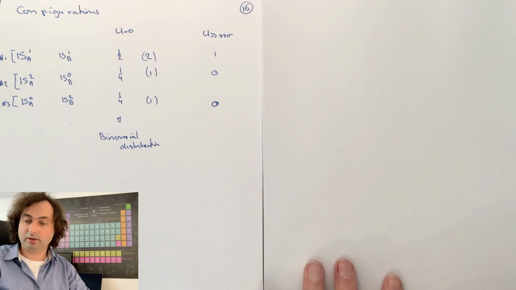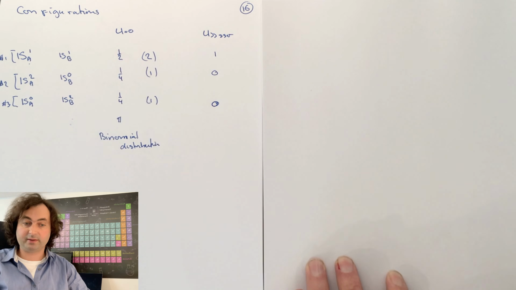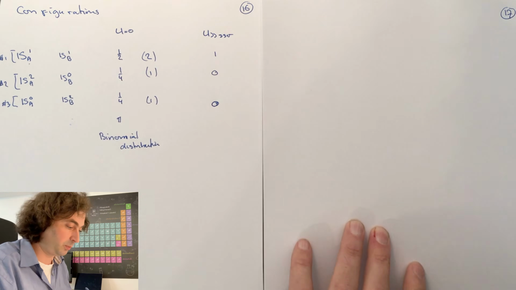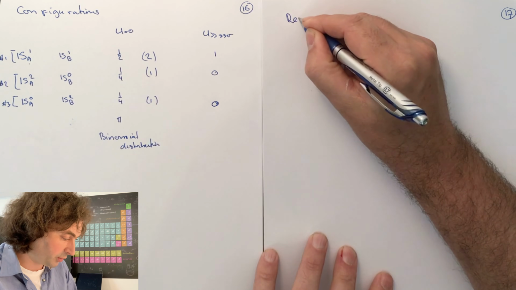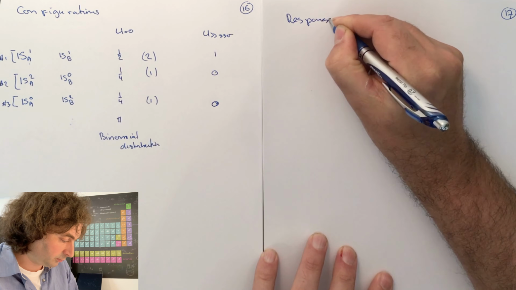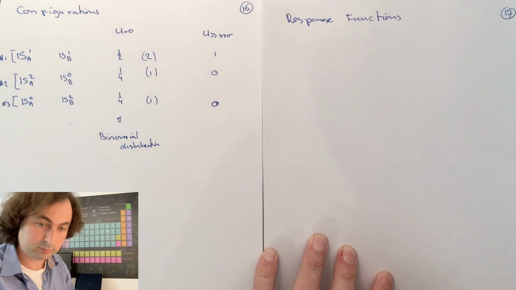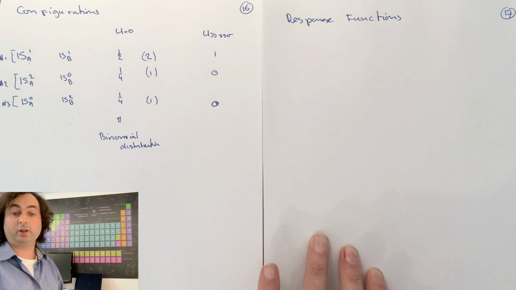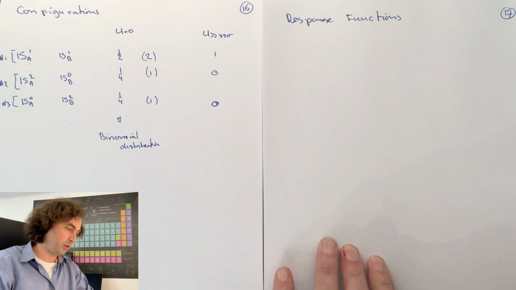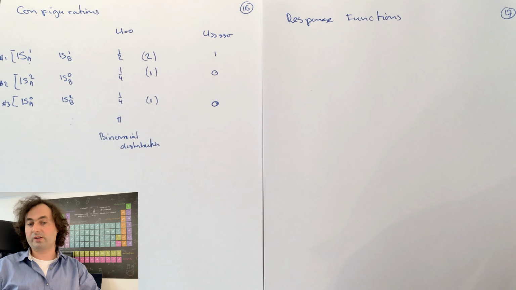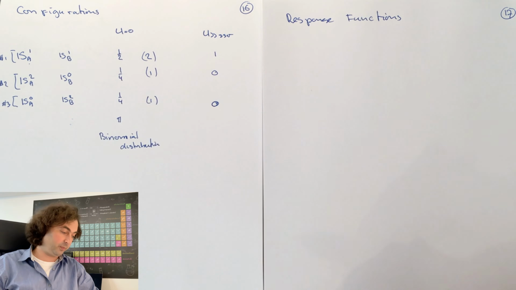Now, besides the ground state, we can also have a look at the dynamics of the system. And the dynamics of the system can be characterized by the response functions. The first response function that we can think of is a one-electron response function, where you see how your system responds when you remove one electron, or how the system responds when you add one electron.